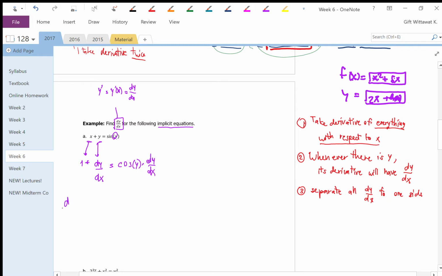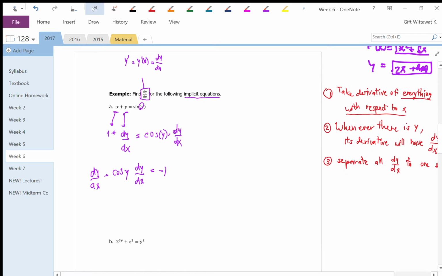So dy by dx minus cosine of y dy by dx is negative 1. I pull off the dy by dx, so I'm going to get dy by dx times 1 minus cosine of y equal to negative 1.